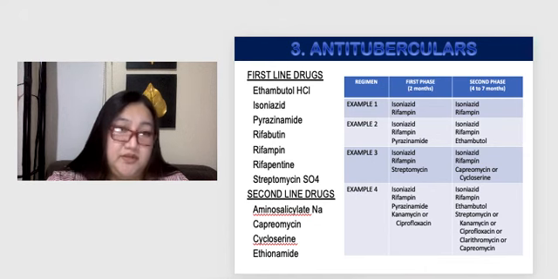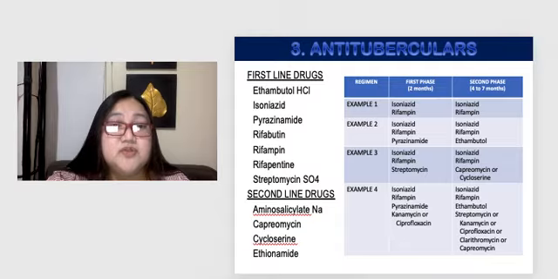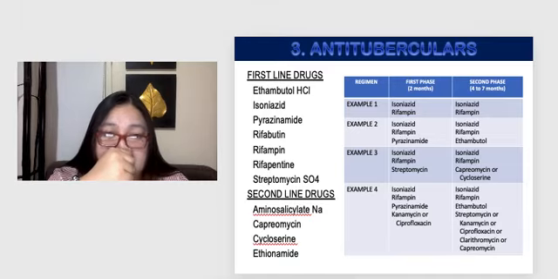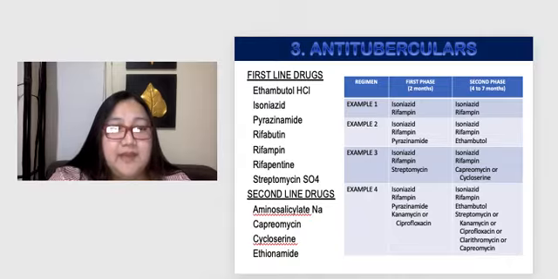Red-orange color in the urine. Also, streptomycin is ototoxic. So, again, dun sa 5 gamot na yon, 4 doon oral, 1 lang doon yung injection, which is streptomycin. It's IM.